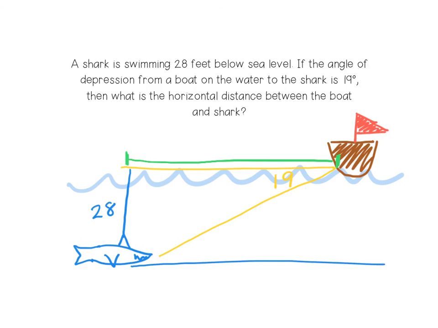So I have a 19-degree angle, an opposite side, and I'm looking for the adjacent side. So because I'm working with opposite adjacent, I'm going to use tangent. So the tangent of 19 equals 28 over x.